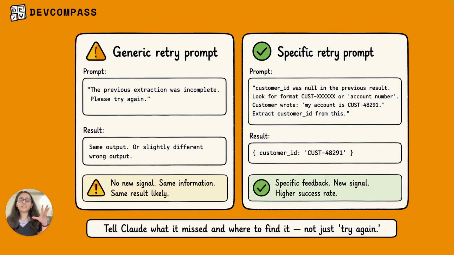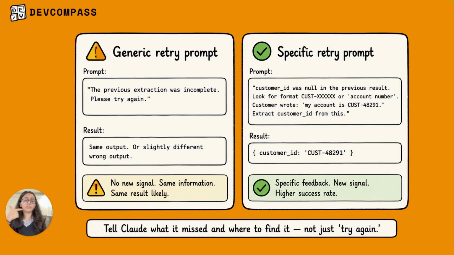Whereas if you specify it, the retry prompt says: customer ID was null in the previous result, look for format CUST-XXXX or account number. Customer wrote, my account is CUST-48291. Extract customer ID from this. Now look at what's different: 3 specific pieces of new information.